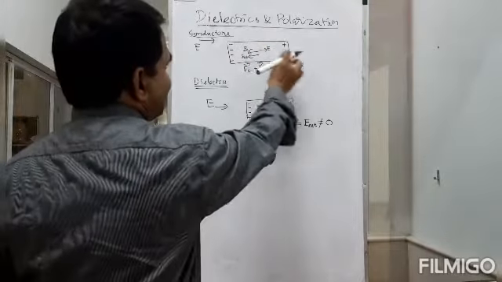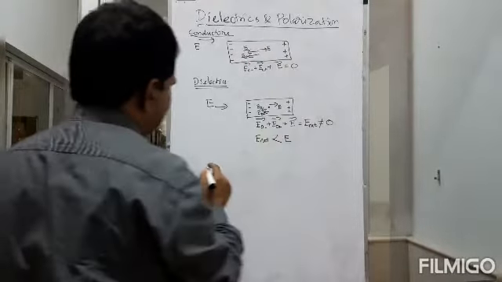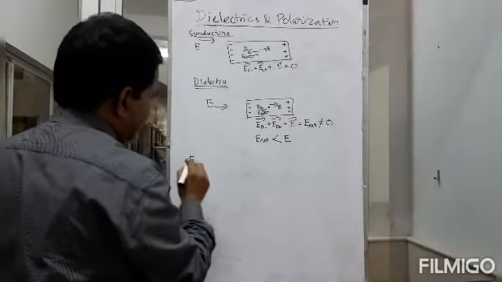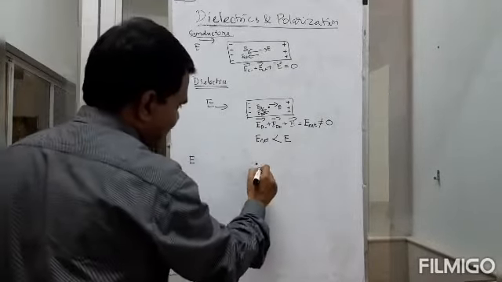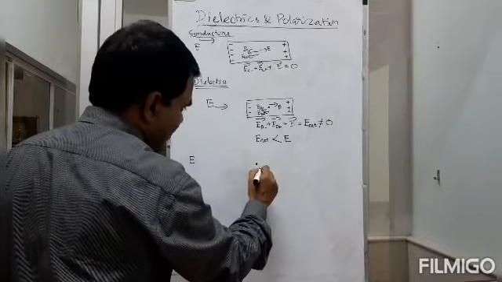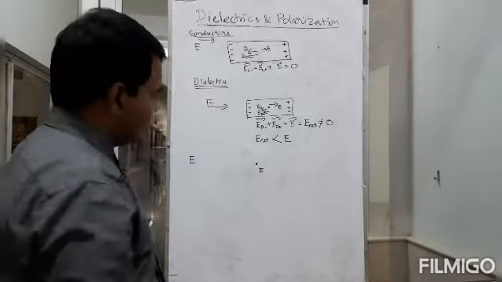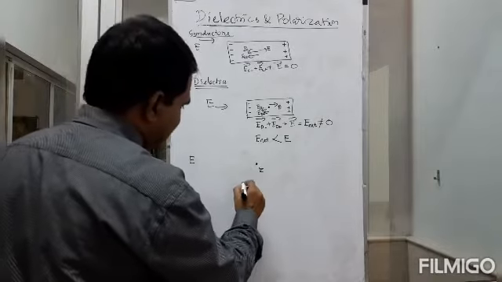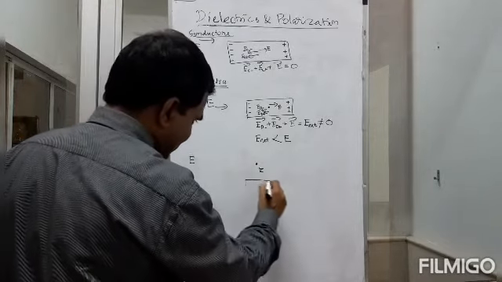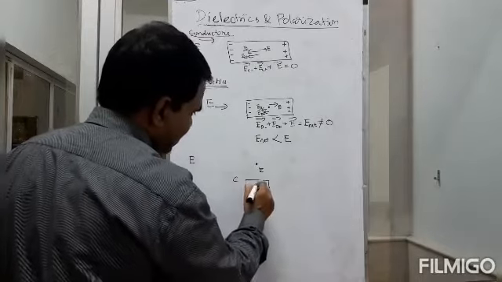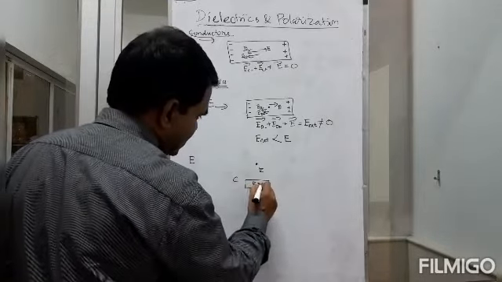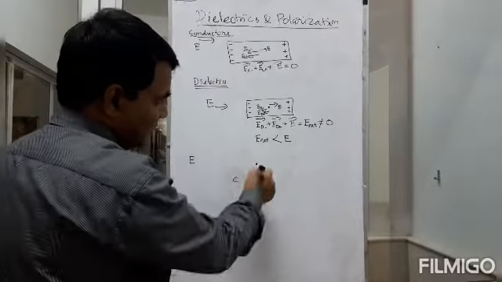E inside the conductor is 0. Let's put it this way. E without any material: if we take a point in space, E at this point will be E, no problem. Okay? And if you bring a conductor here, then E will be 0 at this point, same point.